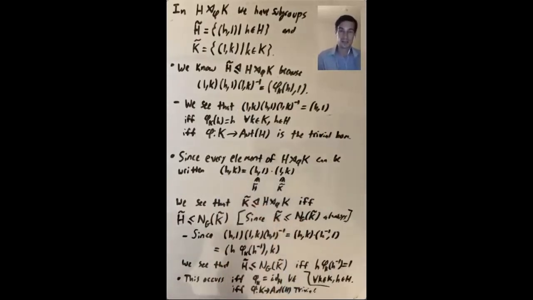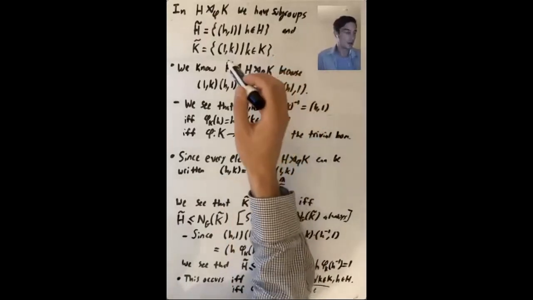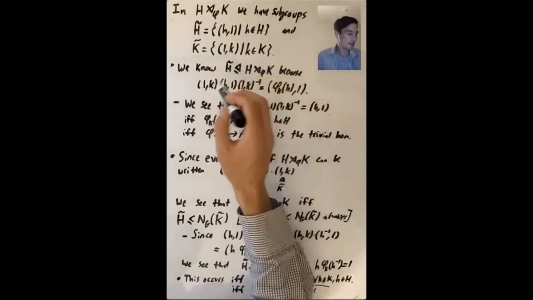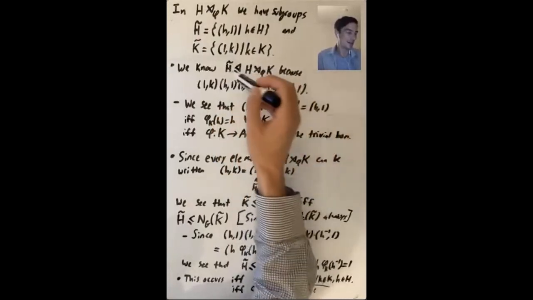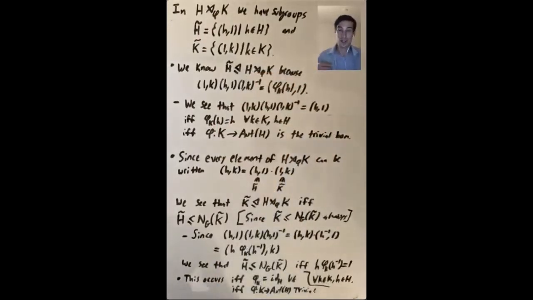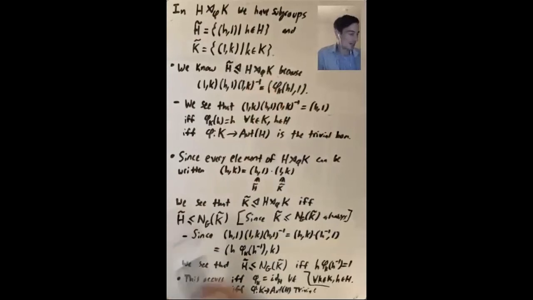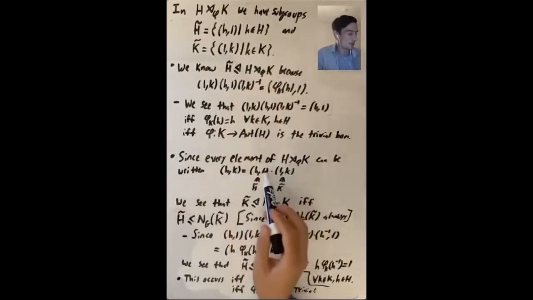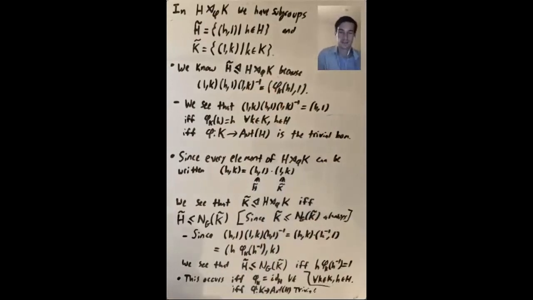So that's what it means for K tilde to be normal. This is the exact same argument that we used up here. So why is it enough to see that K tilde is in the normalizer of H tilde to show that H tilde is normal? Because H tilde is always in its own normalizer, and everything in the whole group can be written as a product of something in H tilde, something in K tilde.